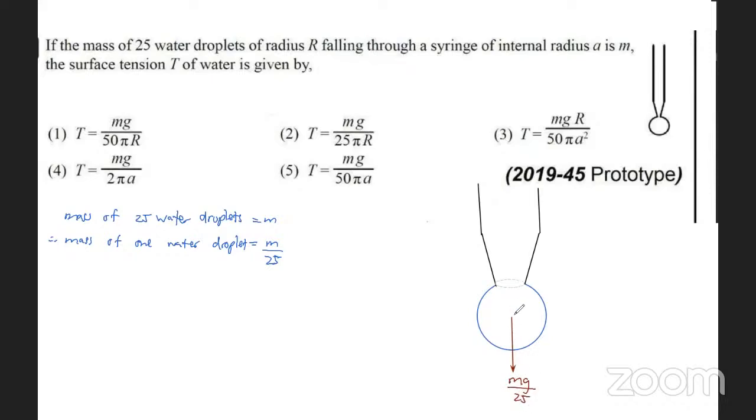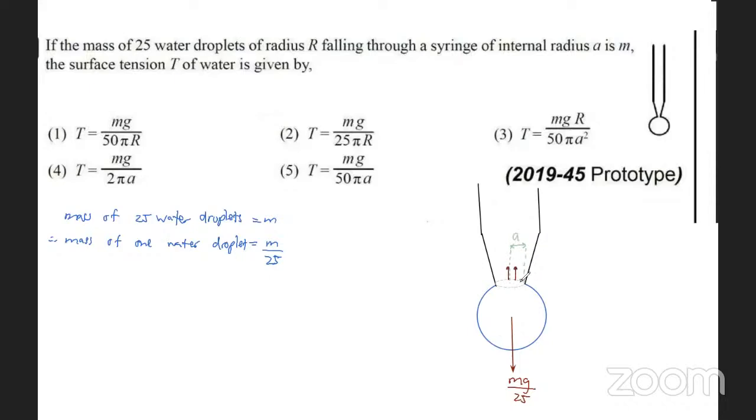And if someone is preventing it from falling down, when it's about to almost fall down, who is preventing it? This part of the syringe. Remember, the radius of the syringe is given as a. So the force we just studied today, the capillary force, there's no angle, it will be acting upwards like this.